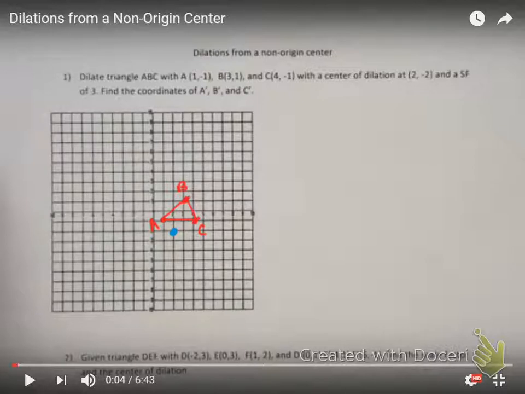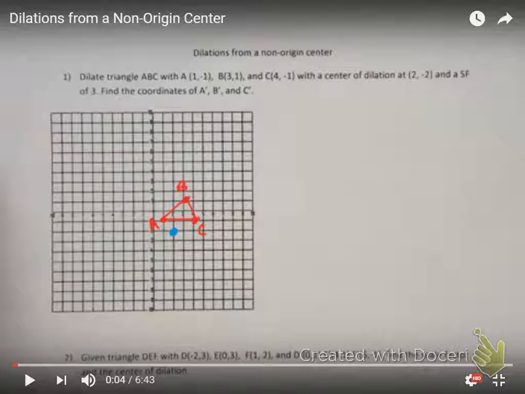Okay, so what actually happens here is you can't just multiply by 3. You've got to find how far away each vertex is from the center of dilation, and then multiply that distance by the scale factor. So let me come up with yet another color so that we can see the dilation.